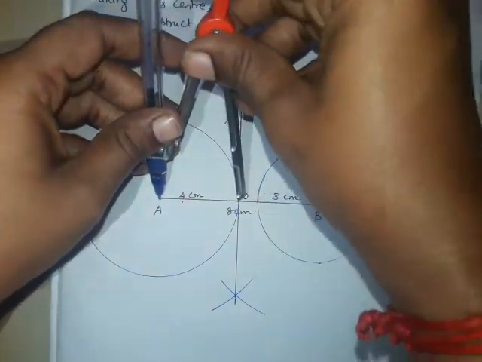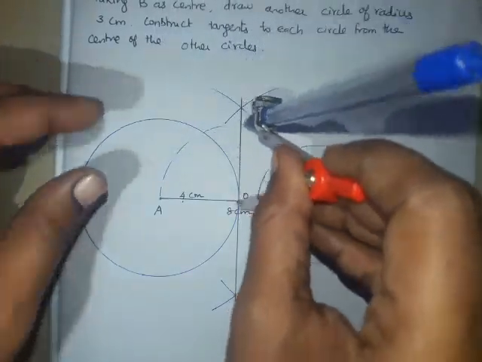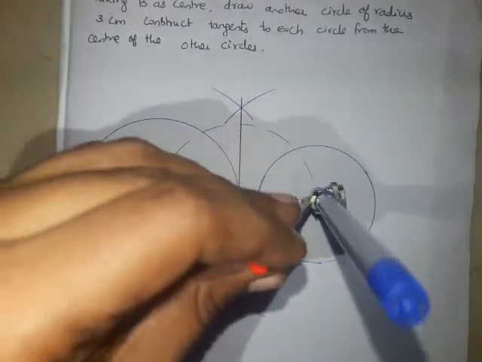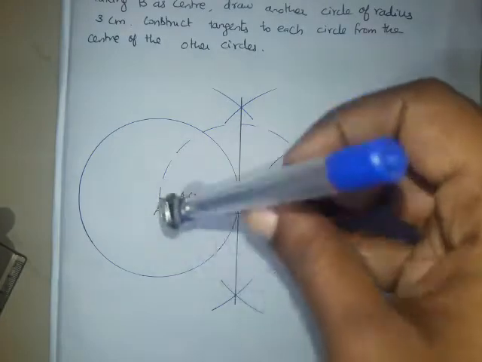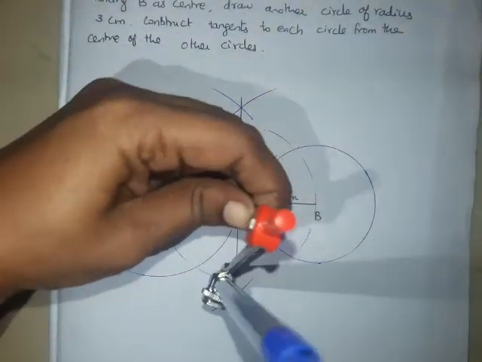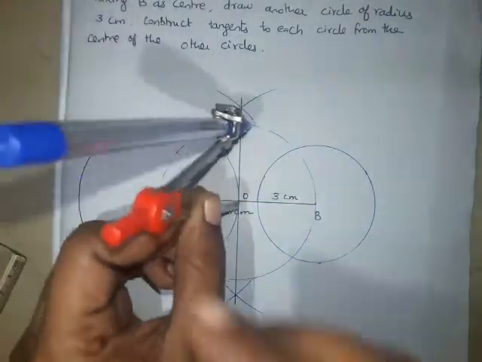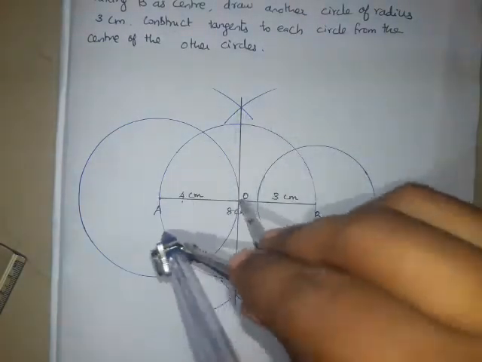Draw a new circle. For the difference I am making a dotted line, but you can draw a new complete circle like this.